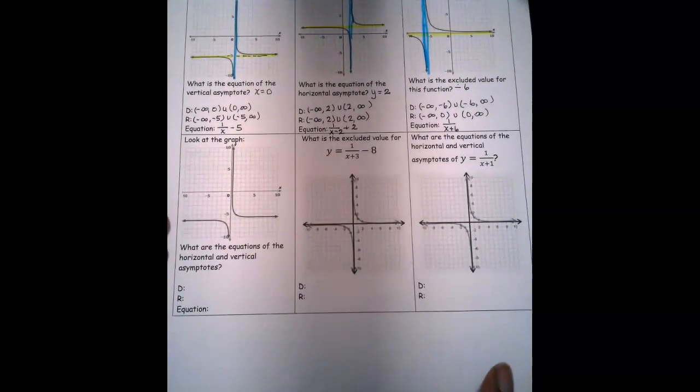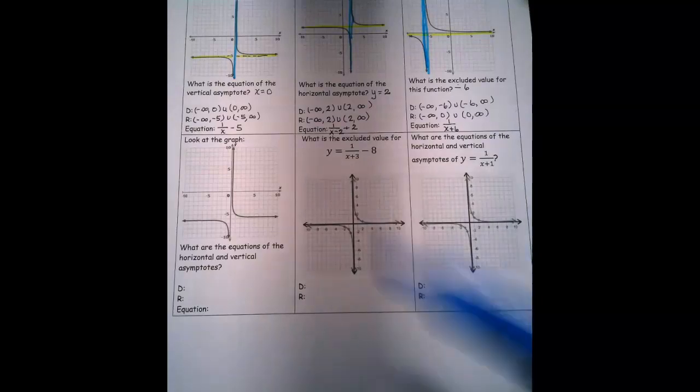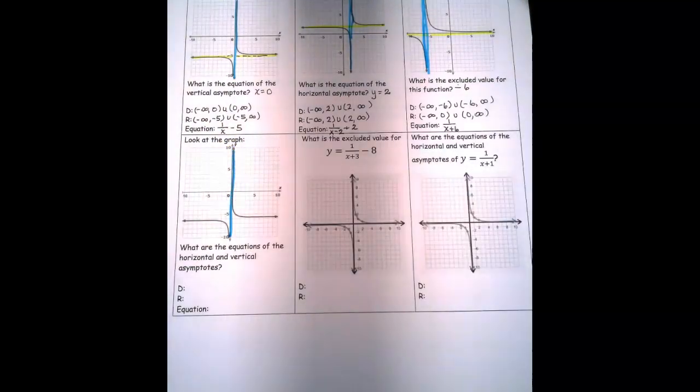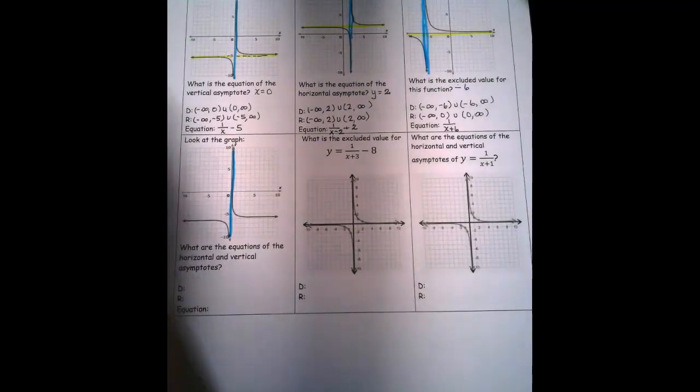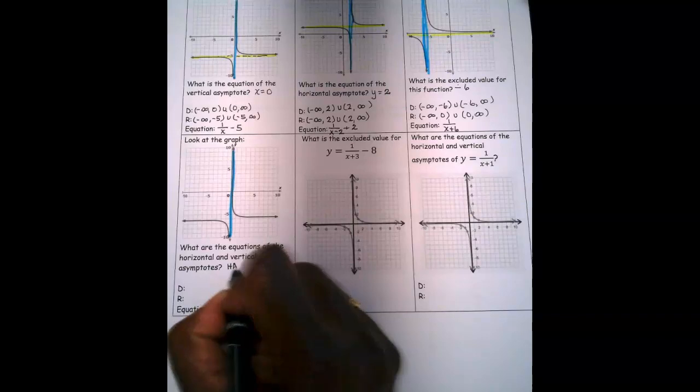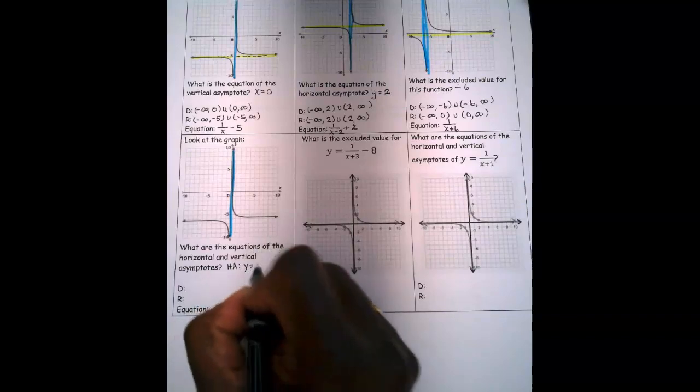Moving on, look at this graph. What are the equations of the horizontal and vertical asymptotes? So horizontal, we can see that the curve is approaching y equals 0. So we're going to say horizontal asymptote is y is equal to 0.